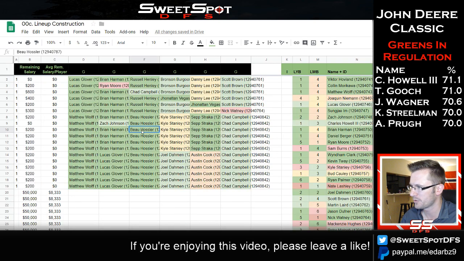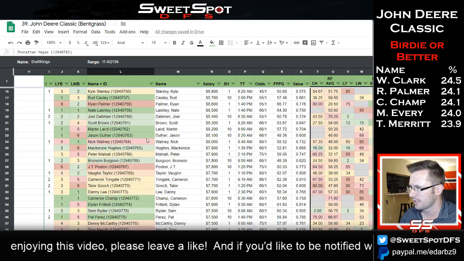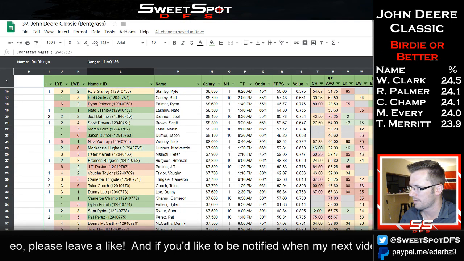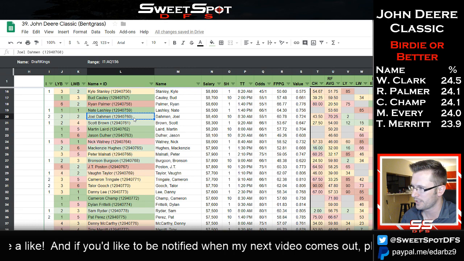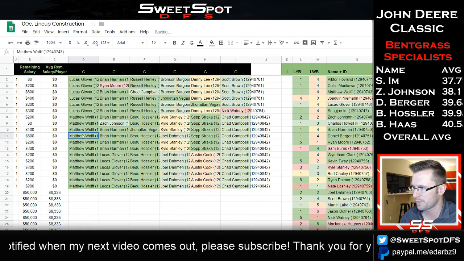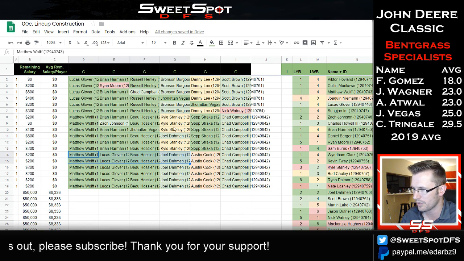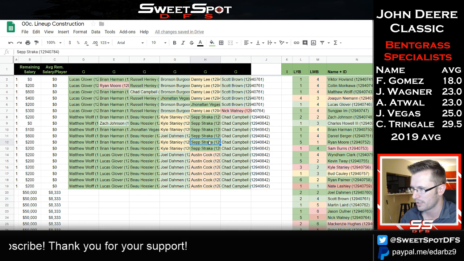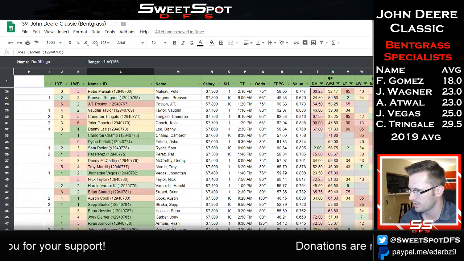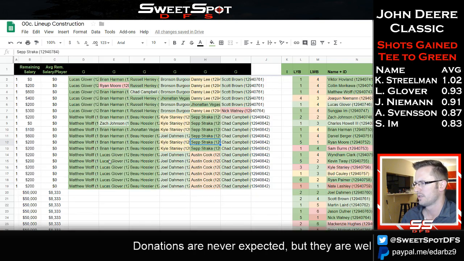We want some exposure to Vegas, right? Kyle Stanley. Put Lashley, or actually Damon, right? That way we can get some exposure with Brian Harmon and Matthew Wolf to go with Damon, that we didn't get when we were thinking about how to work that into our lineups. So Sepp Straka, here's our 1-1.